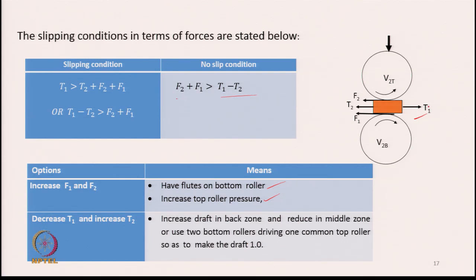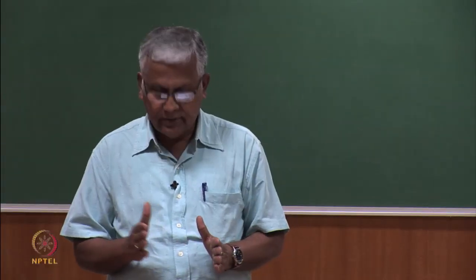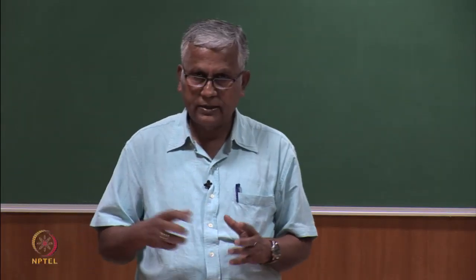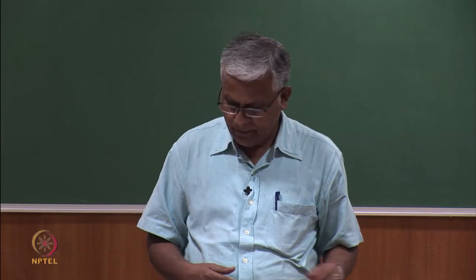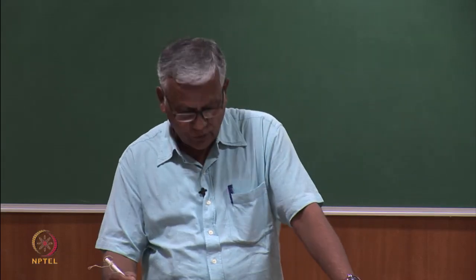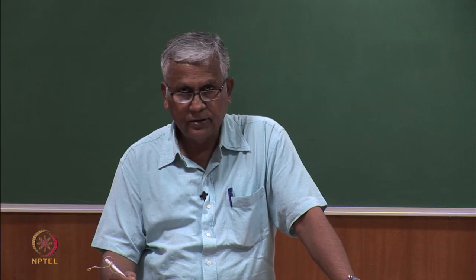The other thing is we can increase the setting. See, T1 becomes very large when the setting is low. If the setting is very close to the fiber length, the drafting force goes up. So, if I increase the setting, provided it does not generate too much irregularity, then T1 can be decreased.